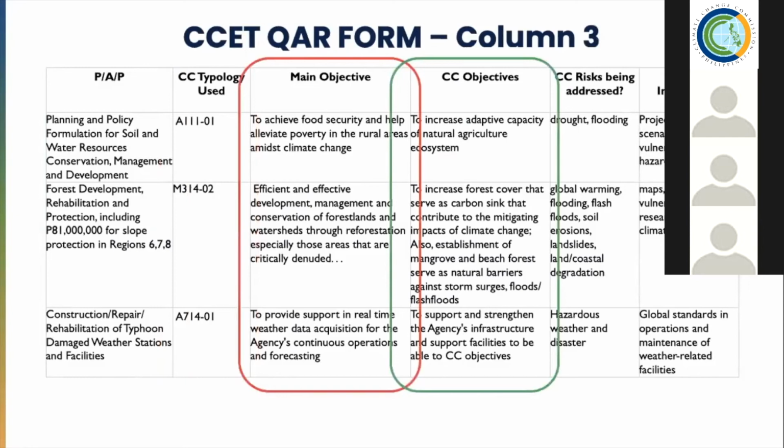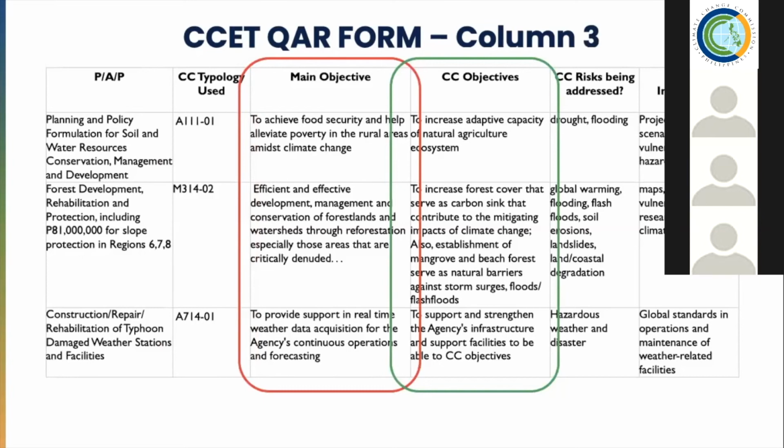The main objective entails the overall target the PAP aims to achieve, while the climate change objectives are undertakings aimed towards achieving climate resilience in terms of adaptation or mitigation.